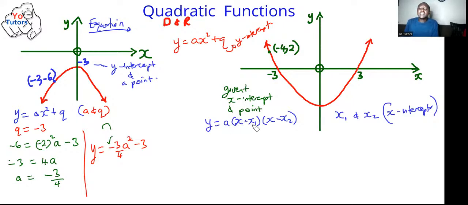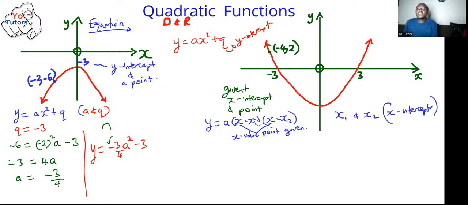What about the x and x here? This is coming from your point. This is the point that you are given. So the x and x here are the x value of the point given.